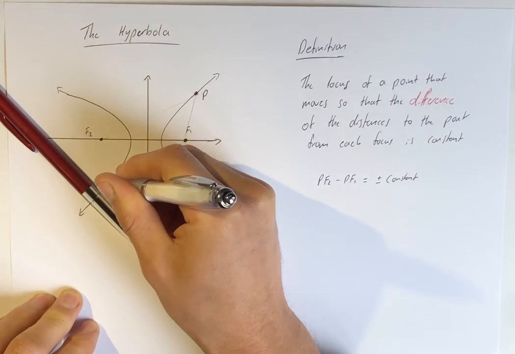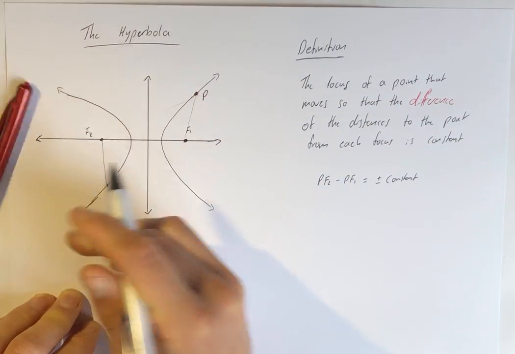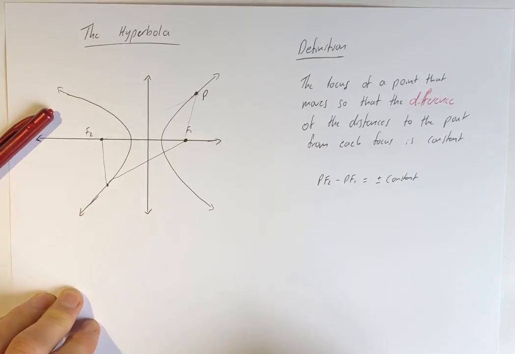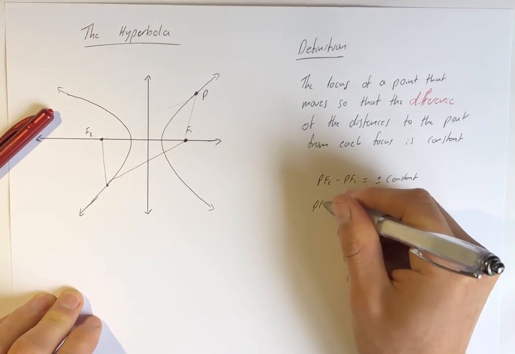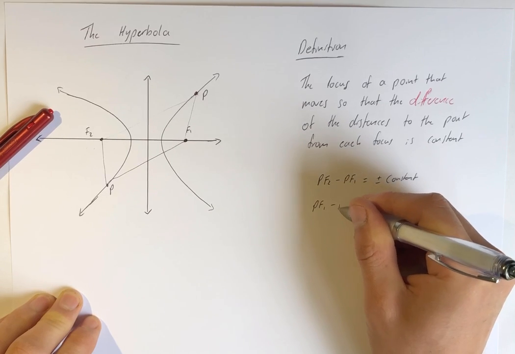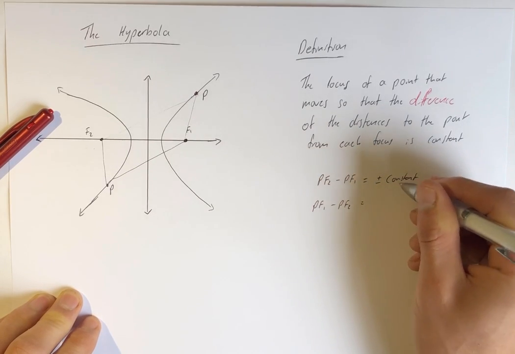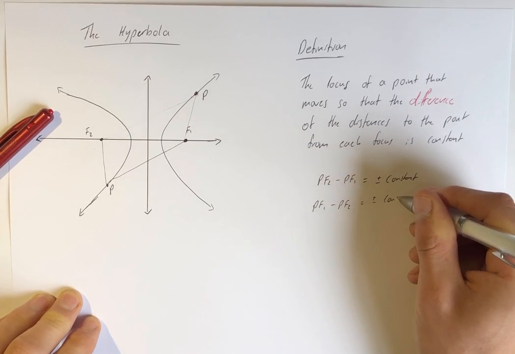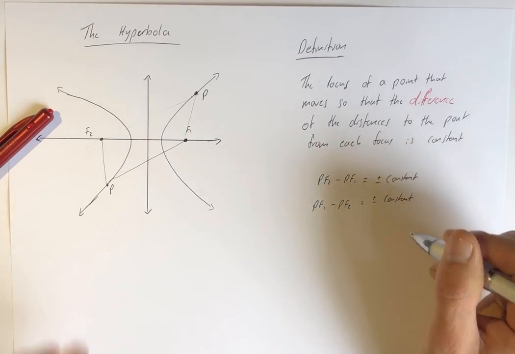And if I was over here and I took that distance and this distance, then PF1 minus PF2 would be equal to that same constant.